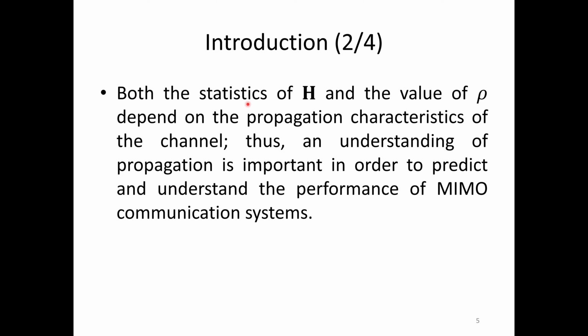Both the statistics of H and the value of rho depend on the propagation characteristics of the channel. Thus, an understanding of propagation is important in order to predict and understand the performance of MIMO communication systems.